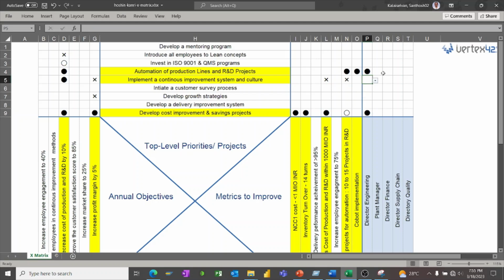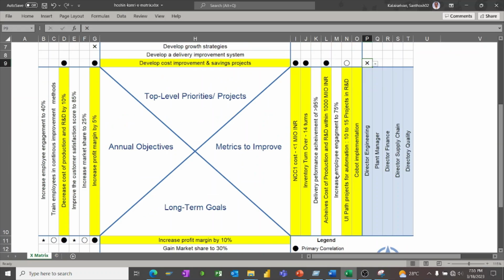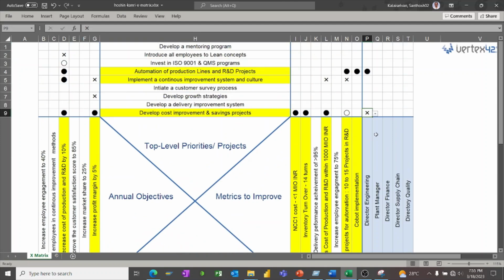What we can say is that developing cost improvement and saving projects is a secondary correlation, because he is a director of engineering. He does not necessarily have to take the lead for cost improvement and saving projects.